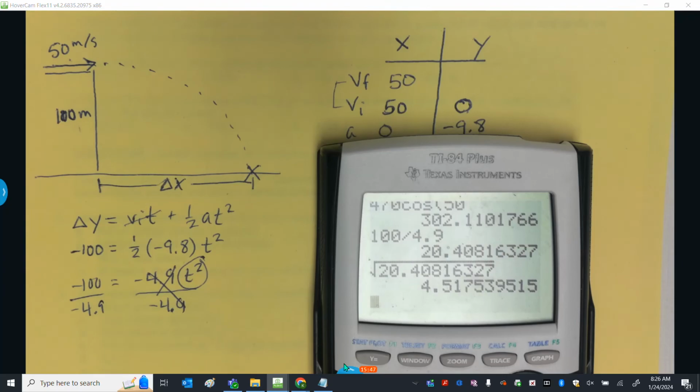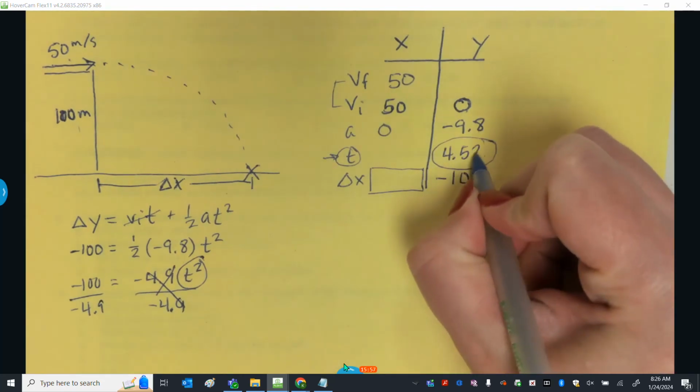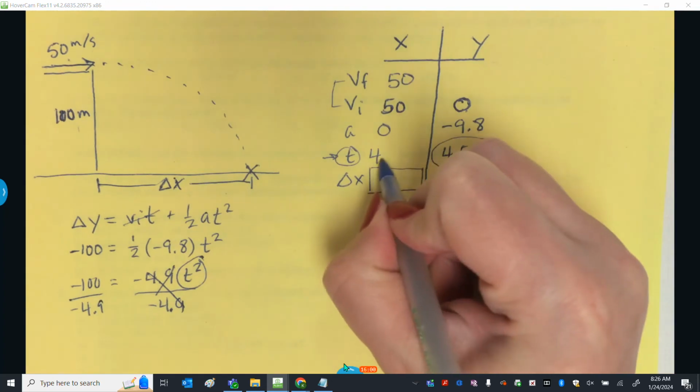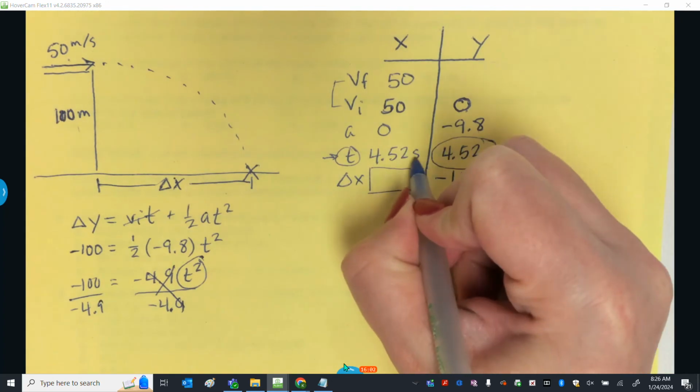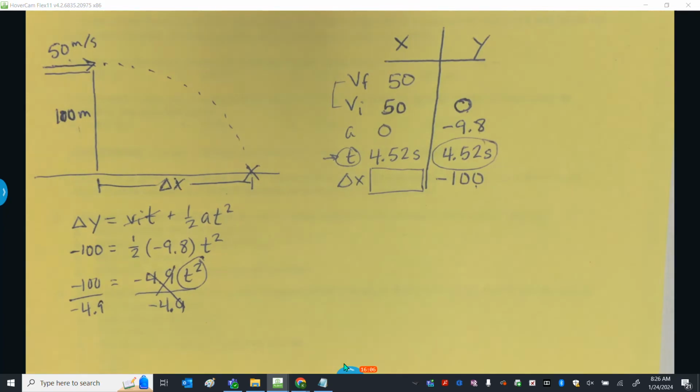That gives us our time, 4.52 if we round that. All right, so now that we have our time, we can find our range. Again, this is not our answer. We're not done. We have to solve for range still.